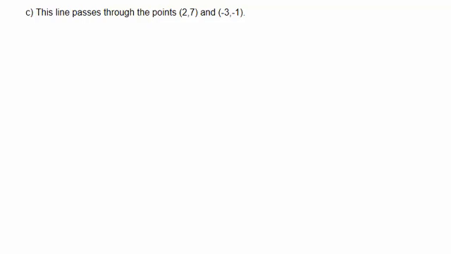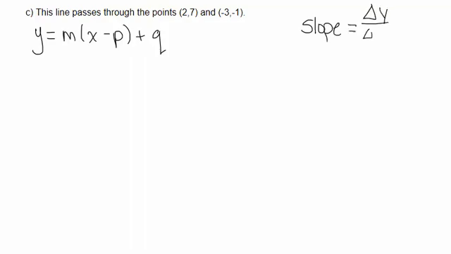Our final example is asking us to find the equation of the line that passes through the following two points. So again, our slope point form is y equals m bracket x minus p plus q. We don't know our slope yet, but we can figure it out using these points. So slope we know to be delta y over delta x, which is equal to y2 minus y1 over x2 minus x1. So this will be my x1, y1, and this will be my x2, y2.